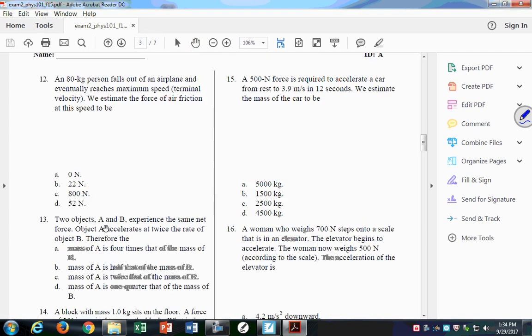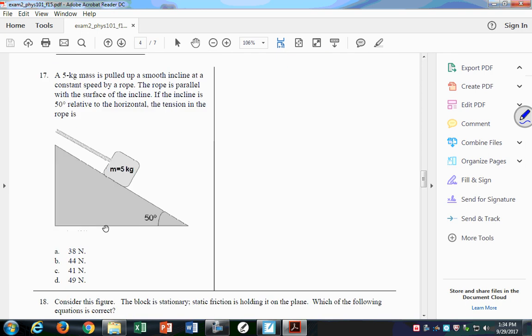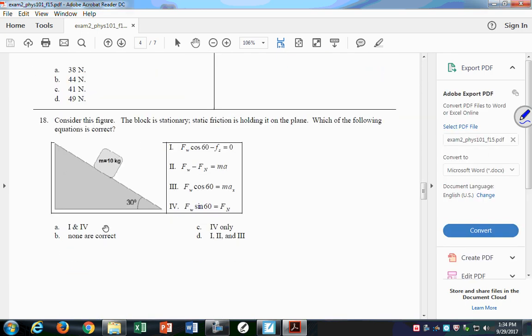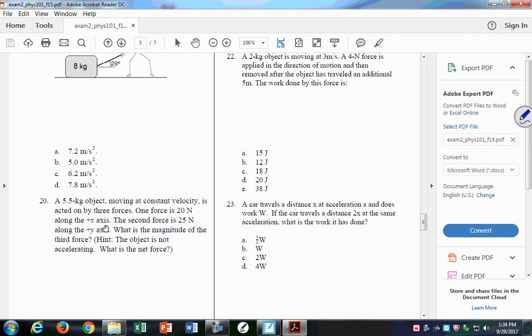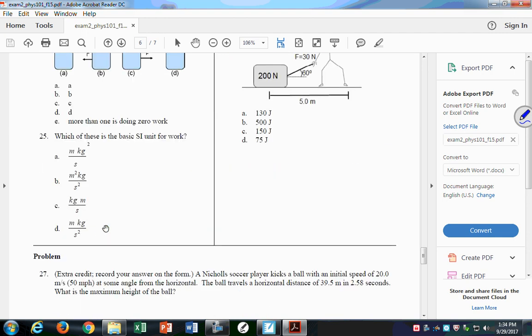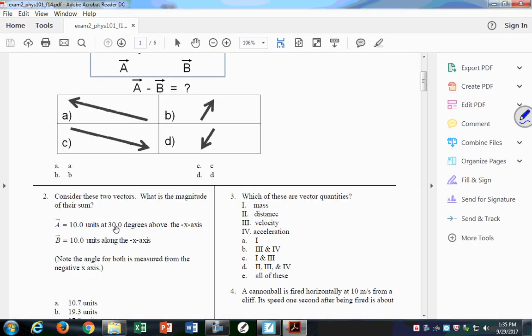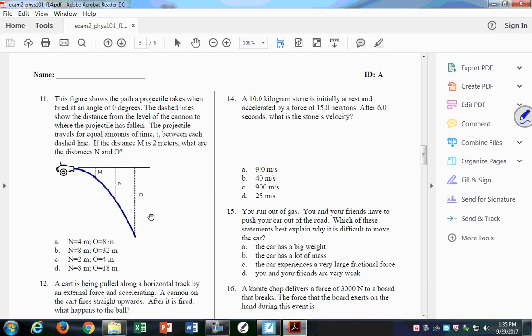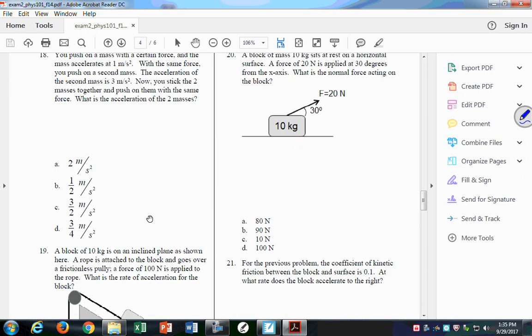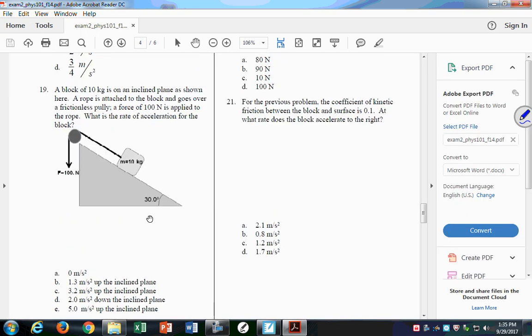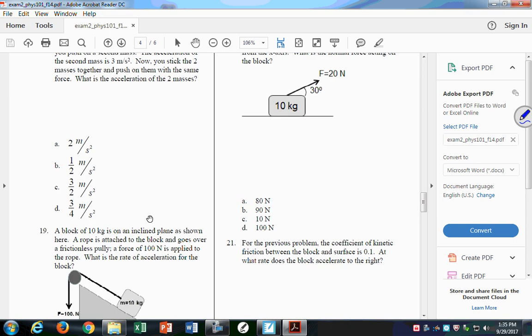That one doesn't either. These tests are good practice for y'all, and I really recommend that you go through them. These don't have friction either. You're probably going to have an inclined plane with friction.